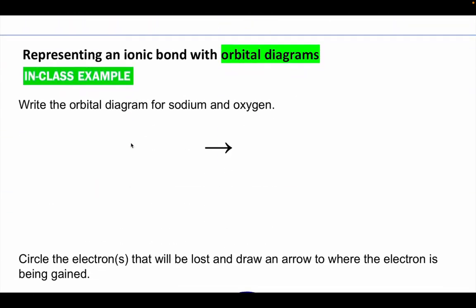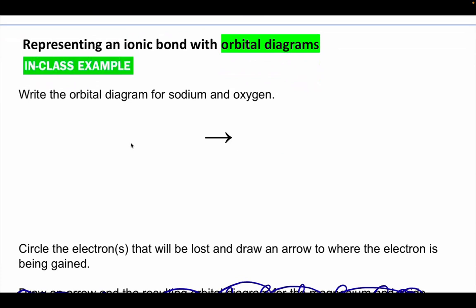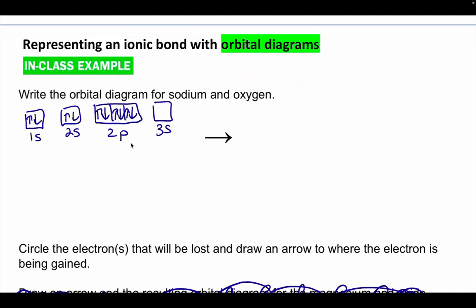Let me show you another way. We're going to show the orbital way. Let's draw an orbital diagram for sodium, 3s1, and then oxygen. That one right there is my sodium. Now I'm going to do oxygen.